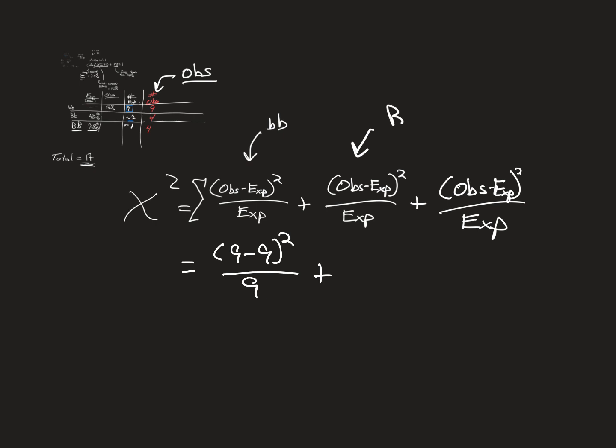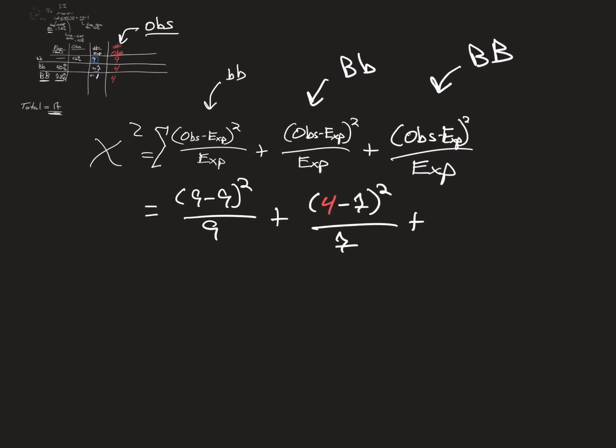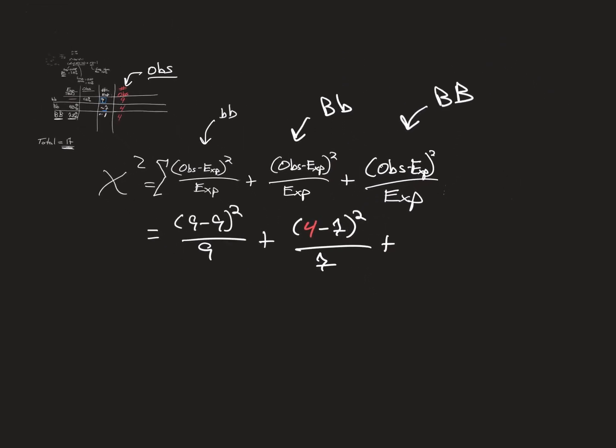And the last one, of course, is big B, big B. So for big B, little b, I observed 4. I expected 7. I square the difference and divide by 7. And then lastly, for big B, big B, I observed 4. I expected 1. I square the difference and divide by the expected, which is 1.